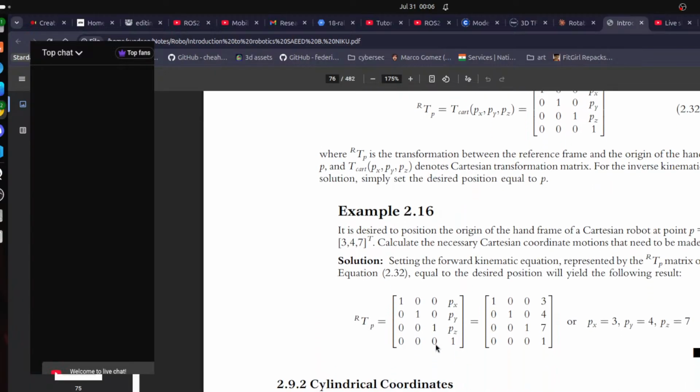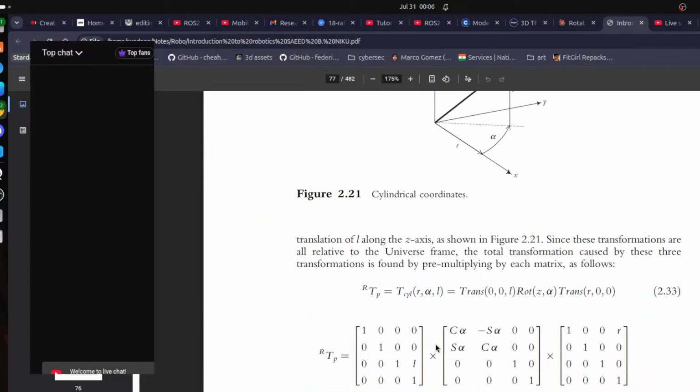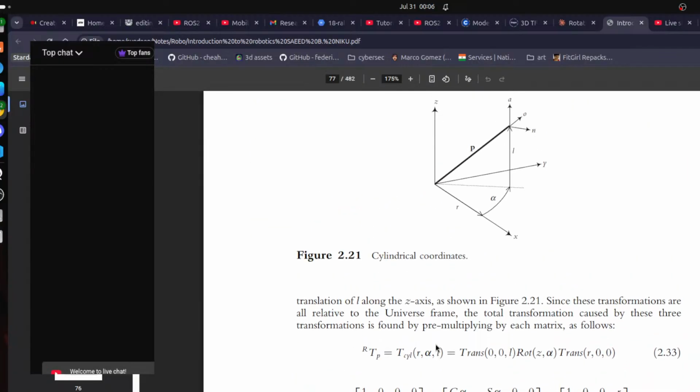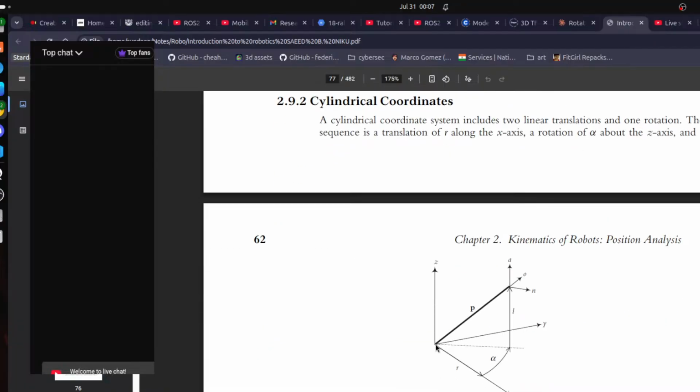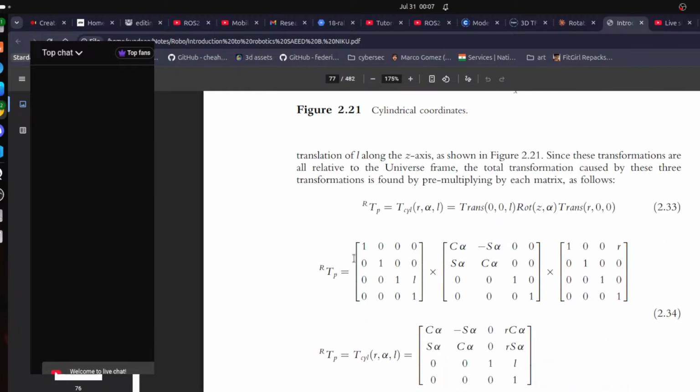Cylindrical: rotation of alpha about the z-axis, then a translation of L along the z-axis. I would rather use this than ever use this. This is hard to remember.